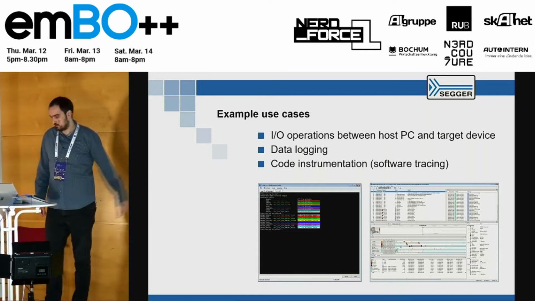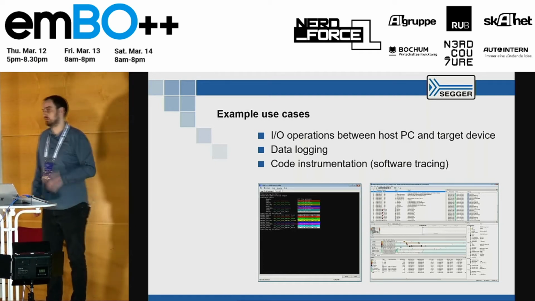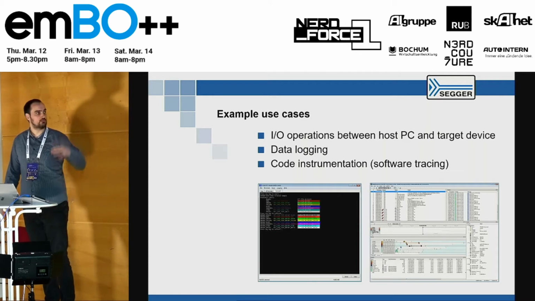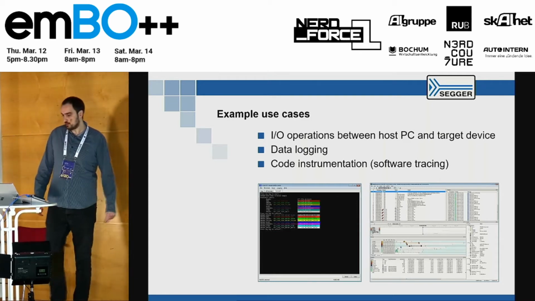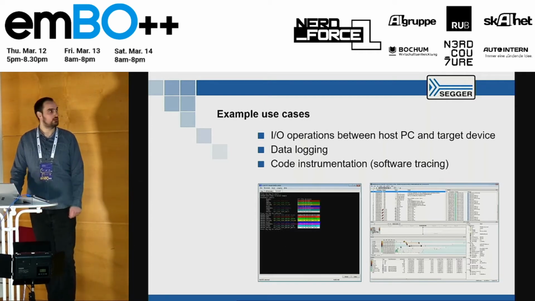And on the right is a little picture showing how SystemView looks, where you can check the real-time behavior of your system, task switches, and do more deep analysis of your system. And as I said, without really impacting your real-time behavior here.